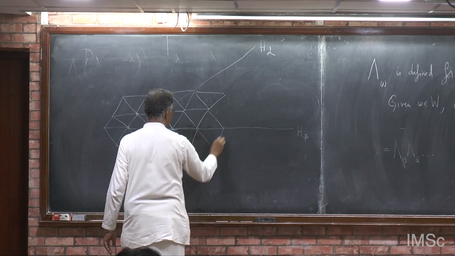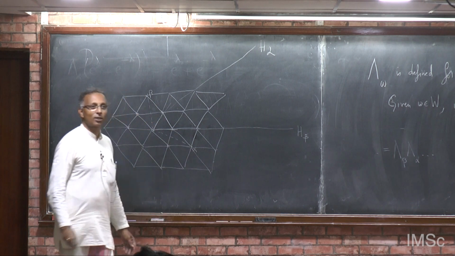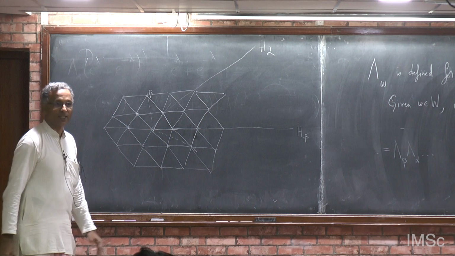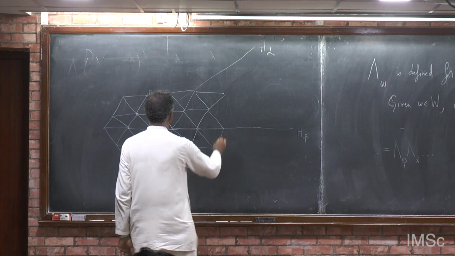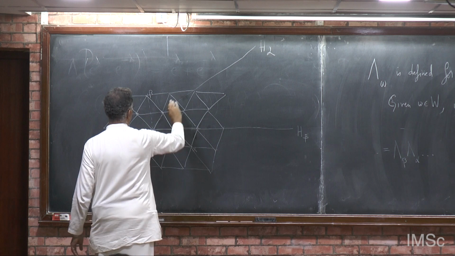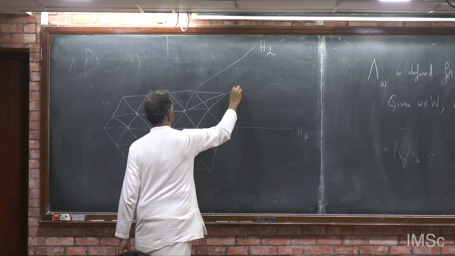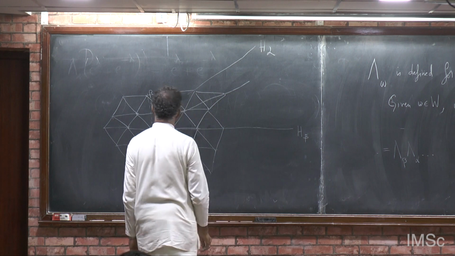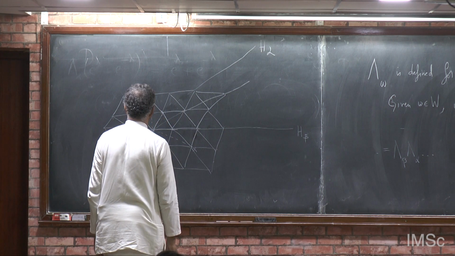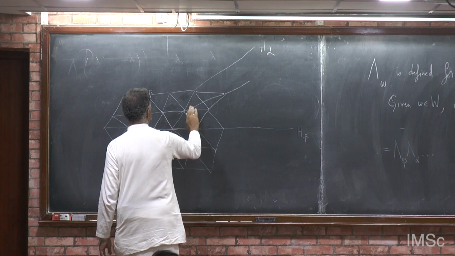You must have noticed Mrigendra is very good at drawing parallel lines. Since I cannot trust myself to draw parallel lines, I always have to draw these triangles. This side. So I got it wrong. Uh-oh, that's not right.